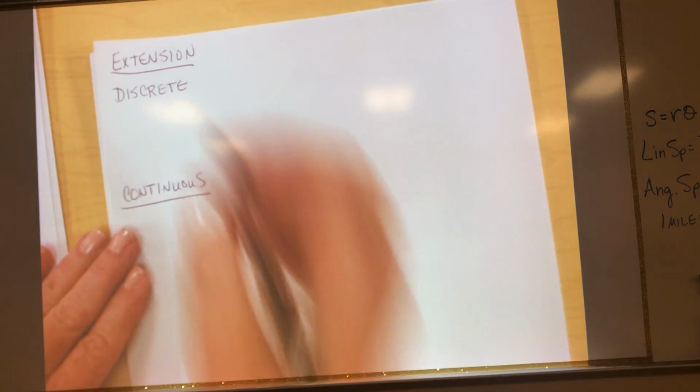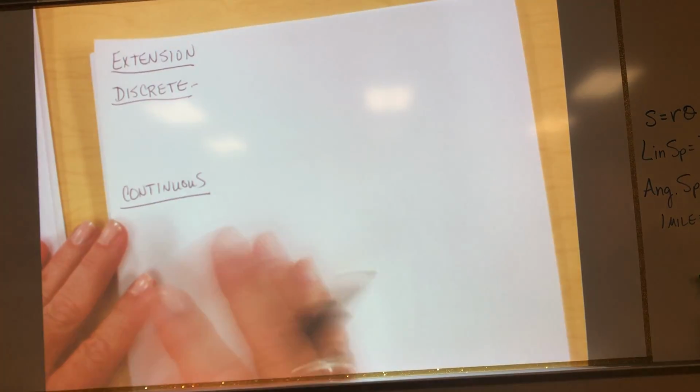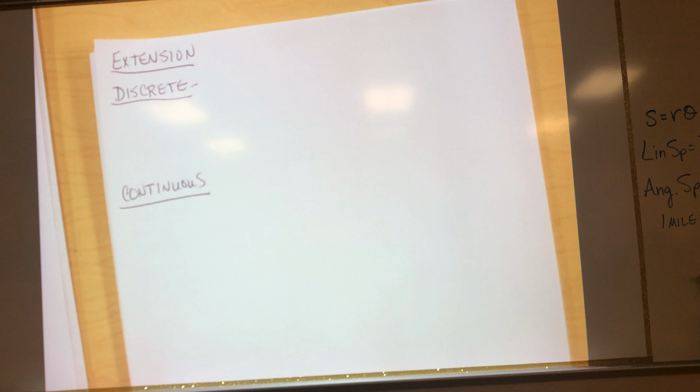All right, discrete and continuous. I'm gonna define these for you, and then I'm gonna draw you a picture of what they could look like. And then I'm gonna give you some nouns, and you're gonna tell me, are they discrete or continuous?